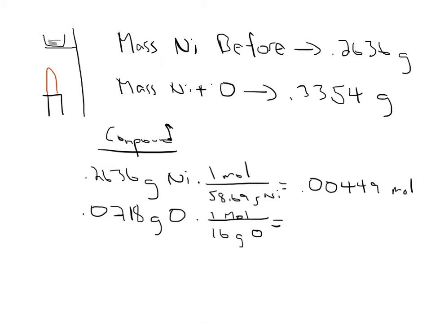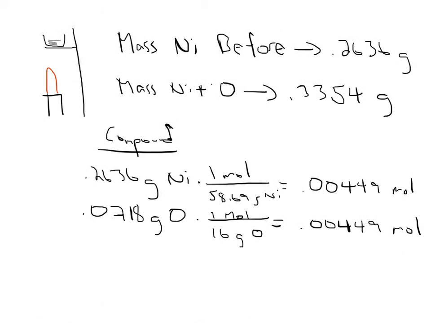0.00449 moles. Now, what does that tell us? Well, what it tells us is the ratio of nickel to oxygen in the compound. And if you're good at math, you'll see that it's a 1-to-1 ratio. And if your math is not able to show you this, all you have to do is pick one of the numbers and divide both of the numbers by that number.